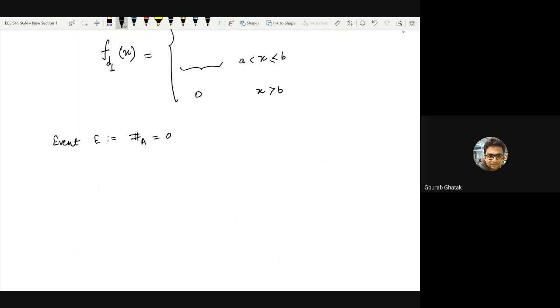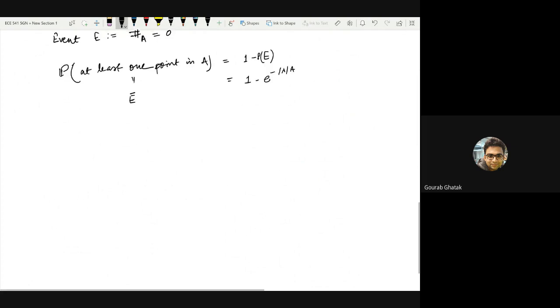So the probability that there is at least one point in A, this is simply 1 minus the probability of event E, which is simply 1 minus e to the minus lambda A. Or let's call this event E bar, which is 1 minus the probability that there are no points in A.